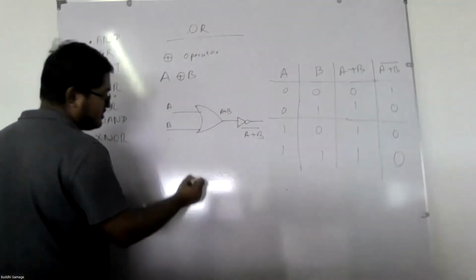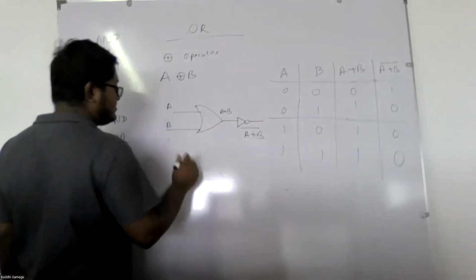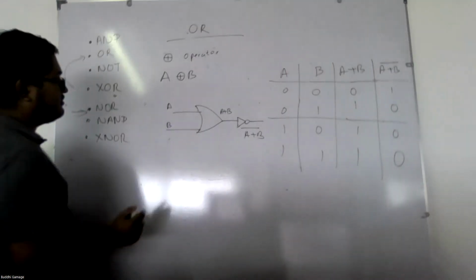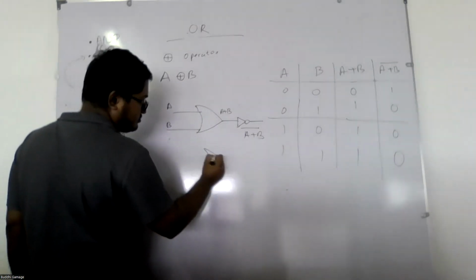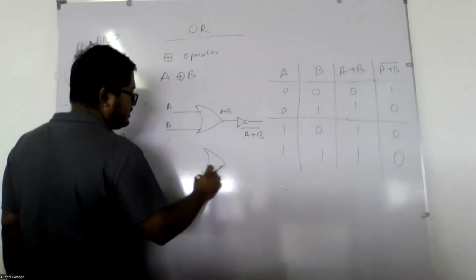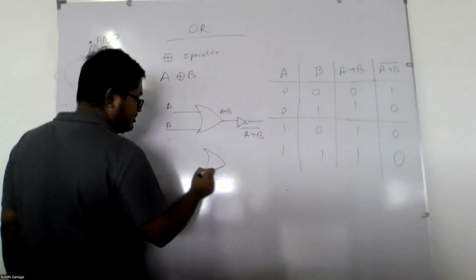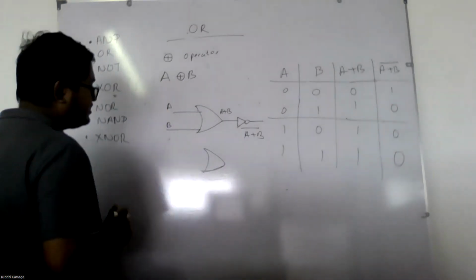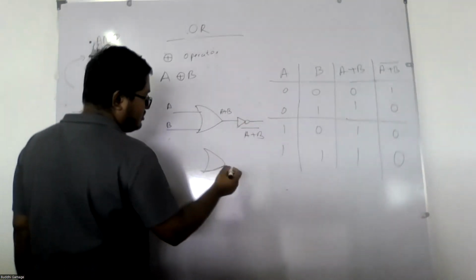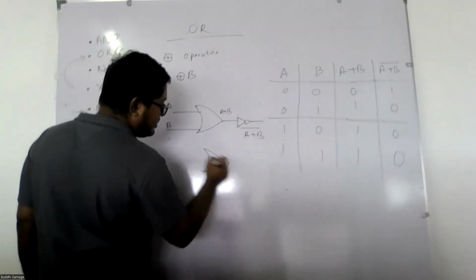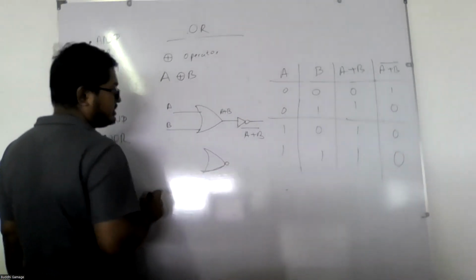Since this is a simple gate, we can reduce it this way. In digital logic, we define the NOT operation by including a simple circle.